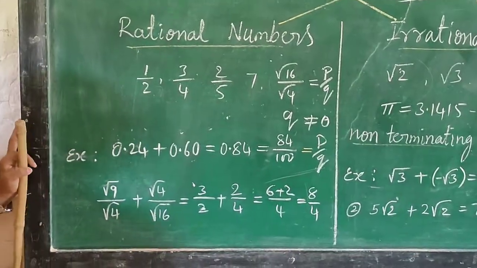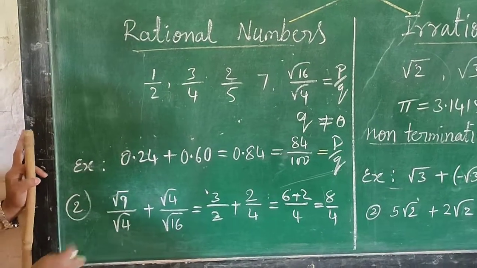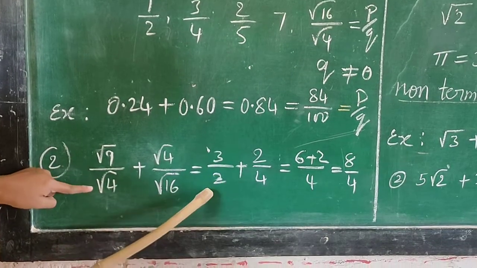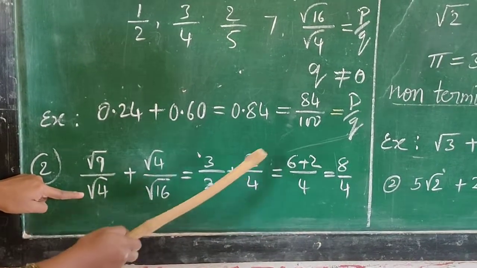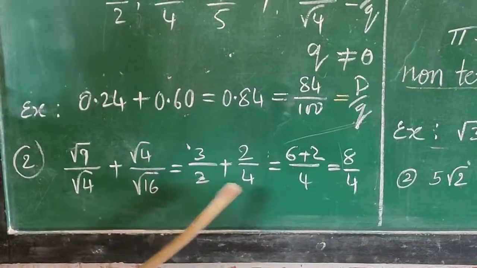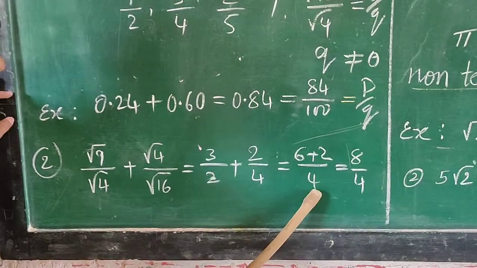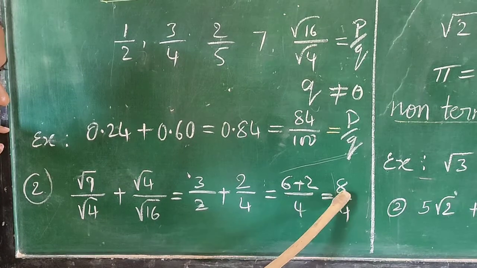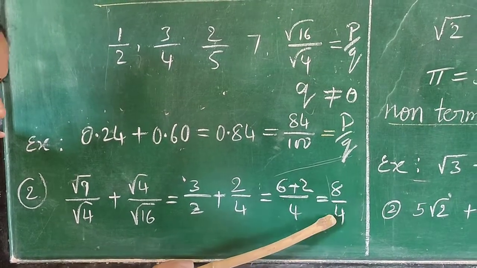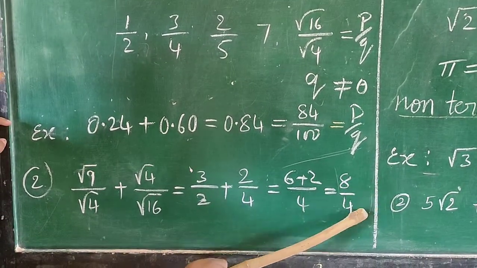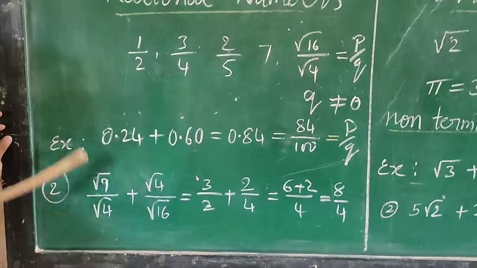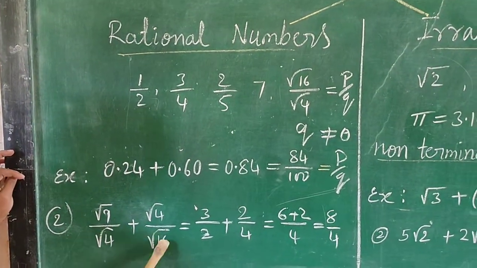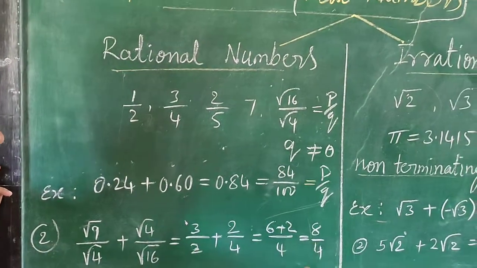Here the second example, root 9 by root 4 plus root 4 by root 16, that is root 9 is 3, root 4 is 2, root 4 is 2, root 16 is 4. Add these two, take the LCM, LCM is 4 and add this one, we get 8 by 4. This 8 by 4 is also in the form of p by q. By seeing these two examples, we can conclude the addition of any two rational numbers is a rational number.